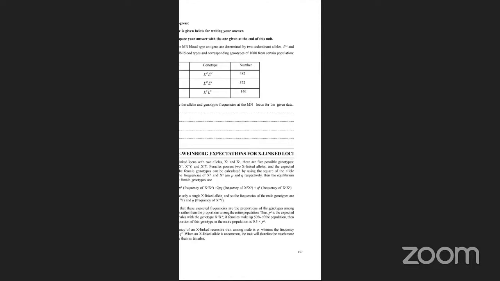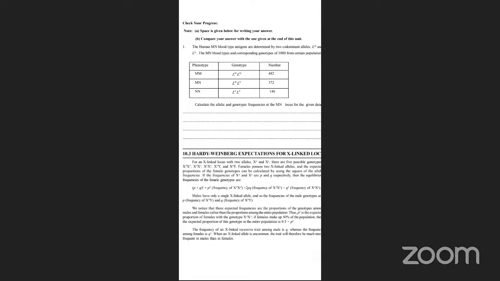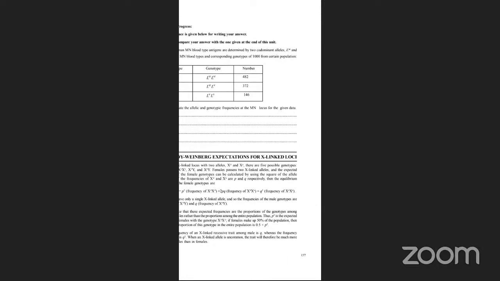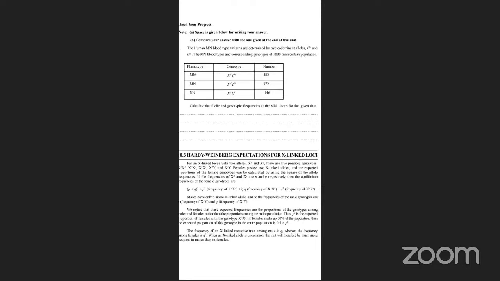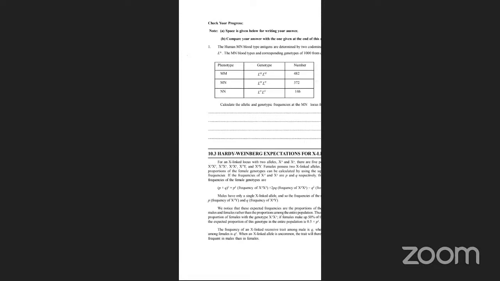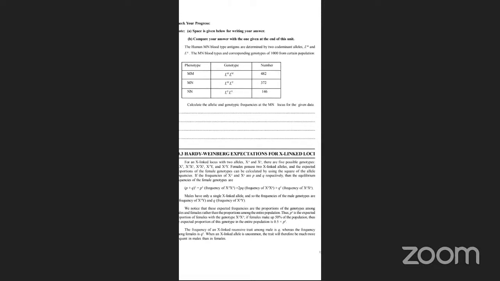Now, the Hardy-Weinberg expectations for an X-linked locus. For an X-linked locus with two alleles X^A and X^a, there are five possible genotypes: X^A X^A, X^A X^a, X^a X^a, X^A Y, X^a Y. Females possess two X-linked alleles, and the expected proportions of the female genotypes can be calculated by using the square of the allele frequencies.